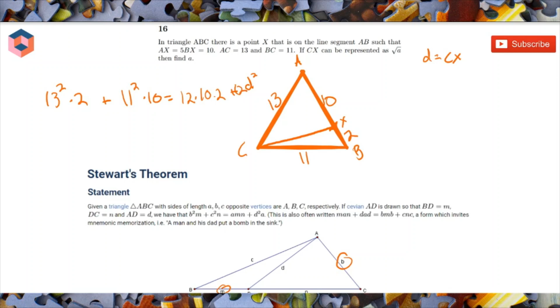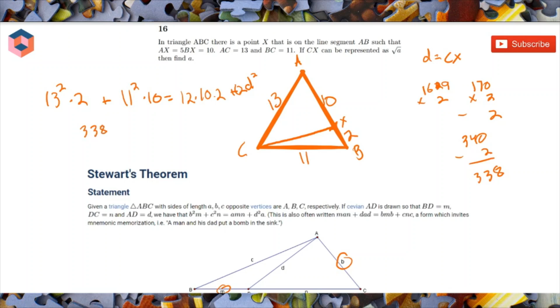It's a bit bashy, but we'll do it. 13 squared is equal to 169. 169 times 2 equals 170 times 2 minus 2, right? Make sure you get why that's true, because we added 2 and then we subtract 2. That's just 340 minus 2, which gives us 338.